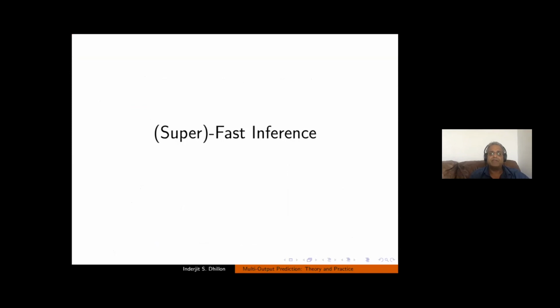So one of the things that I think I alluded to was the typical problem. I only have about 5 more minutes, which should be enough. The inference time is generally going to be linear, right? So suppose I'm given an input, and I have capital L labels.